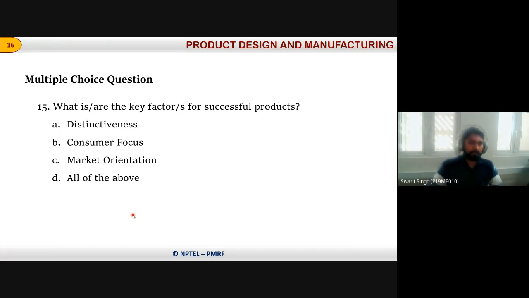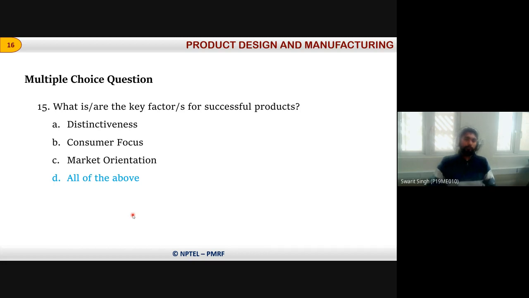What are the key factors that make a product successful? Okay, so we got D.